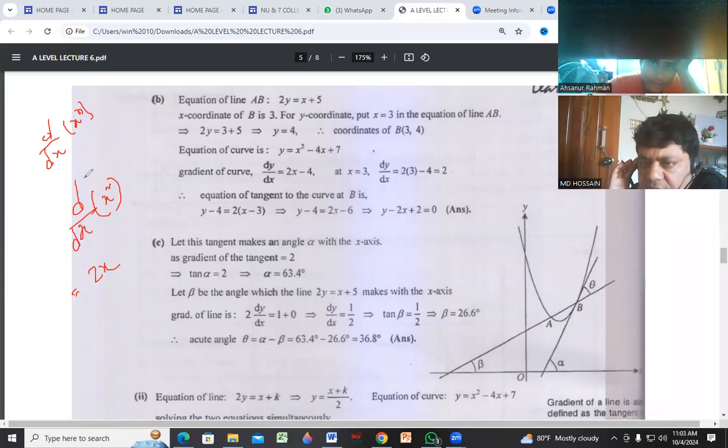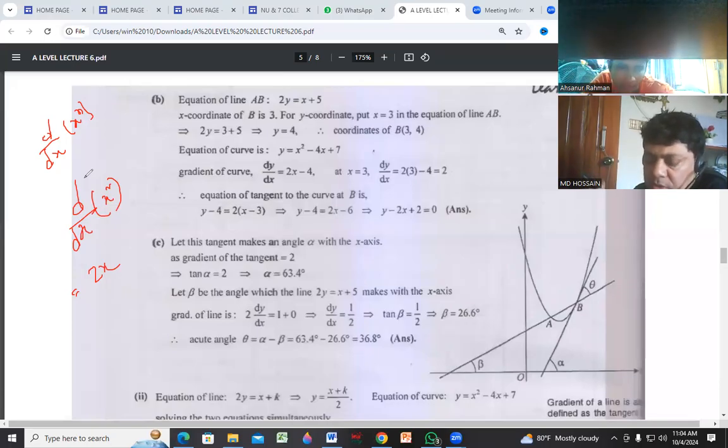This equation cannot be solved easily by another method. Number two, you have to find the tangent of the curve at a specific point B. If the question asks for the tangent of the curve at a specific point, then it is better to use differentiation, and it will help you solve the math easily.